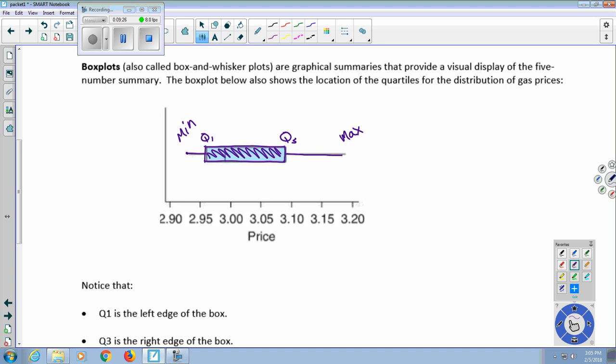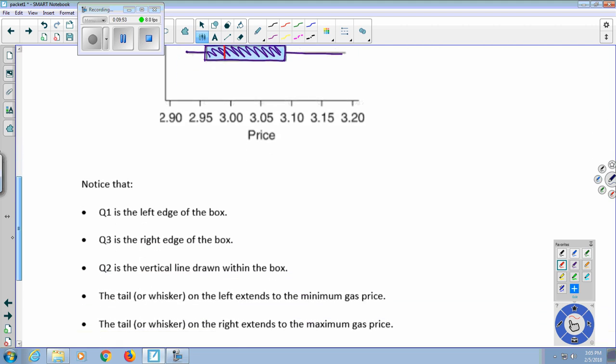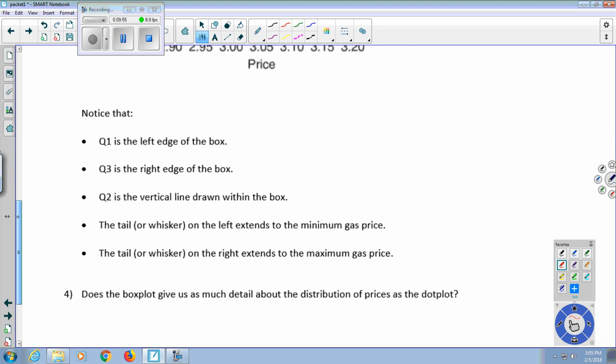The last piece of information is this line here, which is Q2, which is equal to the median. So 50% of your data falls below that line, 50% above. That's all those bullet points I just mentioned.